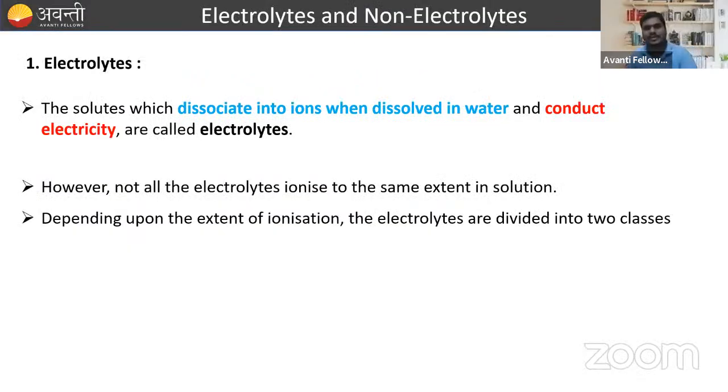So let's discuss some important things in the case of ionic equilibrium. What are electrolytes and non-electrolytes?